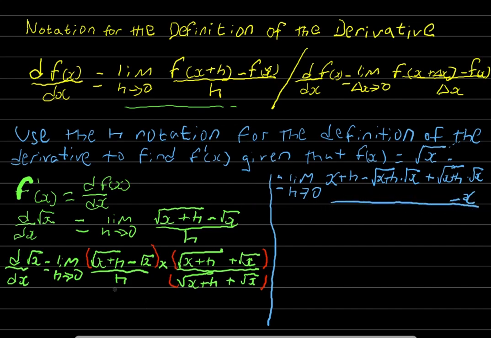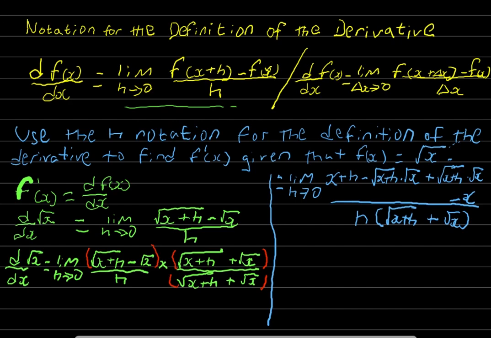Then we multiply the denominator h times the square root of x plus h plus square root of x, and we'll have h times (square root of x plus h plus square root of x).